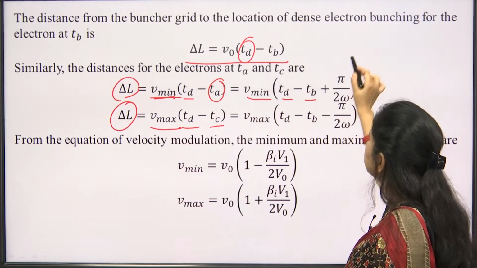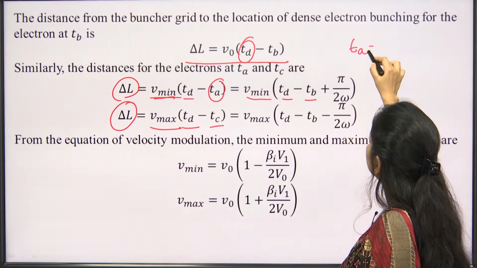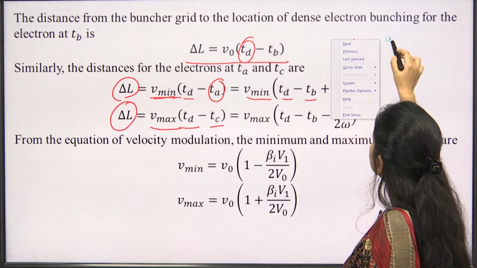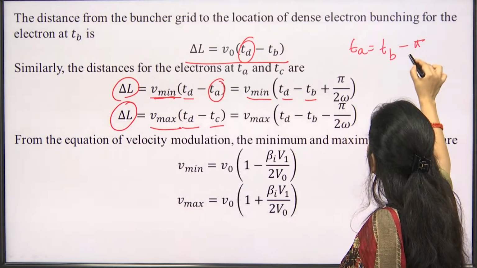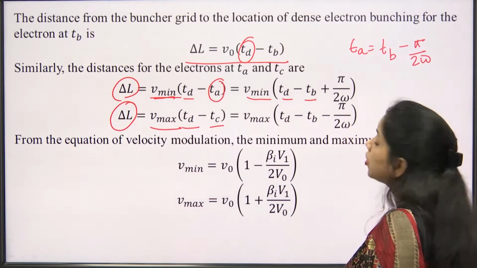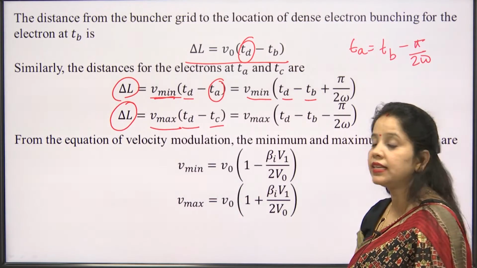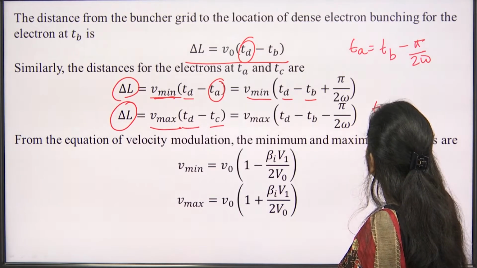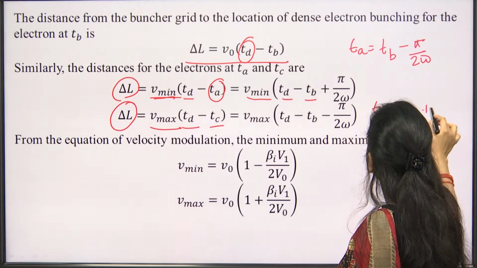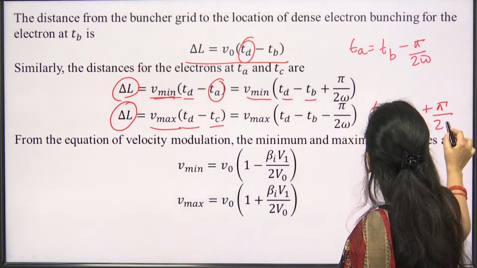Ta is equal to Tb minus pi by 2 omega, because it is the lesser time, and Tc is equal to Tb plus pi by 2 omega.